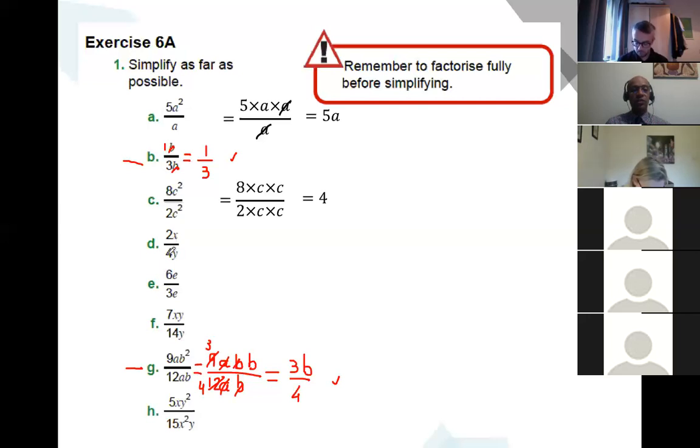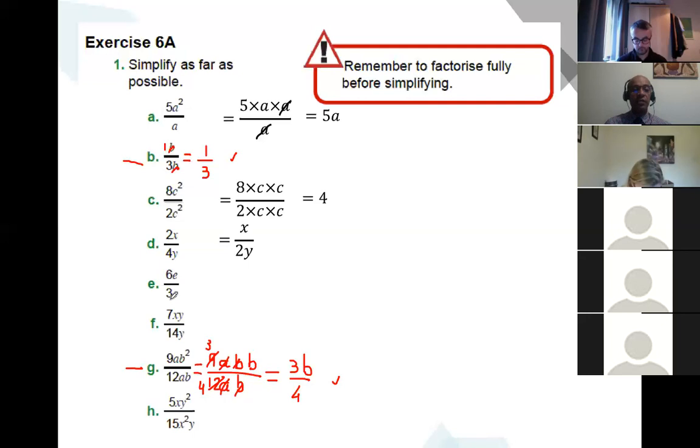So the 2 divided by 4 becomes a half, and x divided by y just stays x divided by y. But again, because it's 1x, it becomes a silent 1. You'll be surprised, even at higher level, how many students put the 2 at the top, because they just see 2 divided by 4 and think, oh, that's 2. So it's a common mistake.